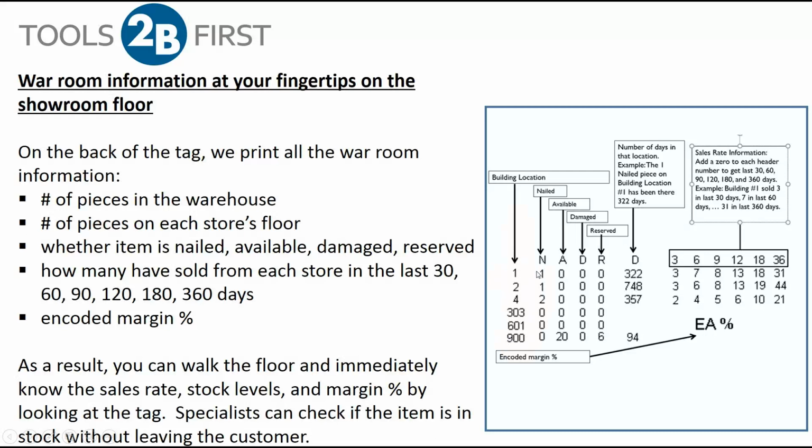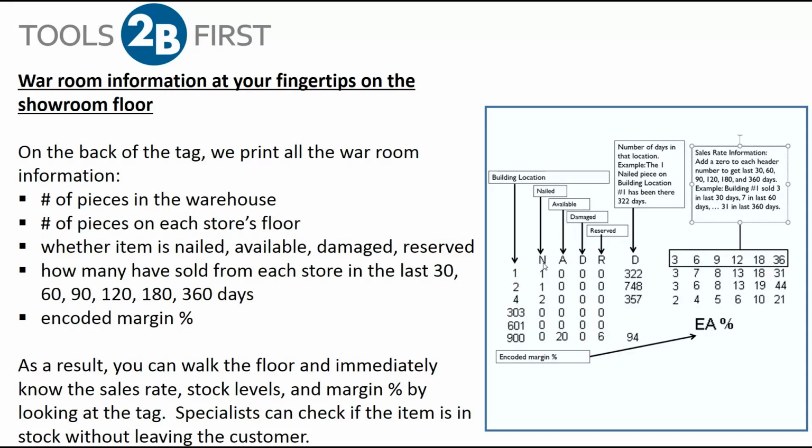In this case, the second column over is nailed. It shows you how many nailed you have in each location of this specific item. So in building 1, you have 1 nailed. Available is the third column. In building 1, you have 0 available. Next one over is damaged.